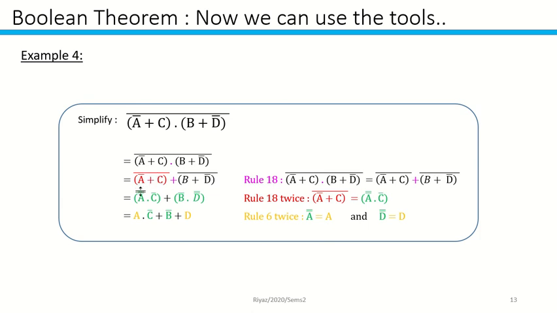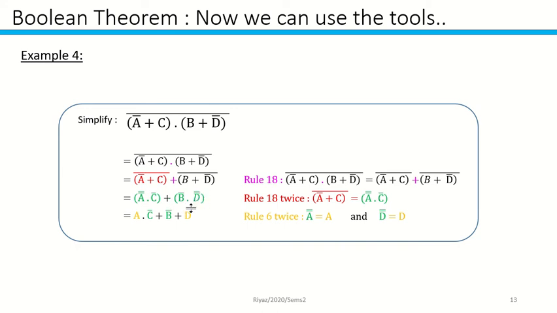And then you break again, you have a bar plus c big bar, so you have a double bar, the operation changes from plus to dot, and you have c bar. You apply rule number 8 twice, that's why you get this. Similarly, b plus d bar big bar becomes b bar dot d double bar.